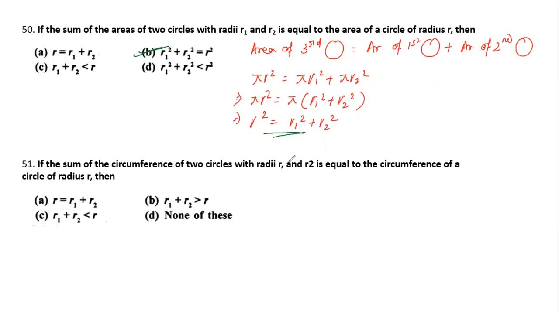So 2 pi r is equal to, small r, not capital R, 2 pi r1 plus 2 pi r2. 2 pi r is equal to 2 pi, we will take common, r1 plus r2. After that, r is equal to r1 plus r2.